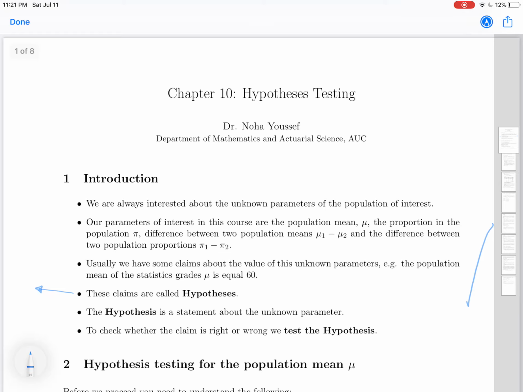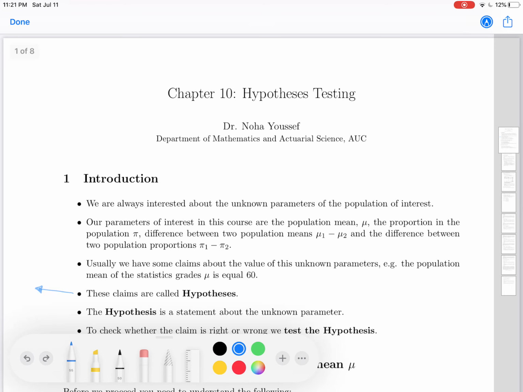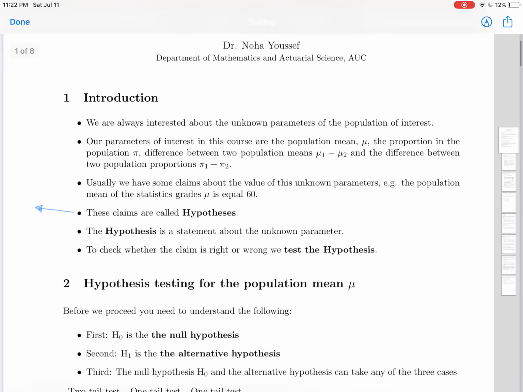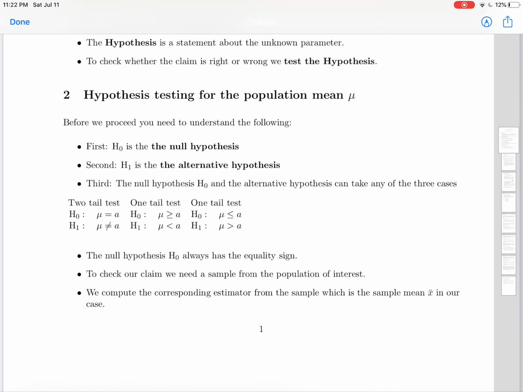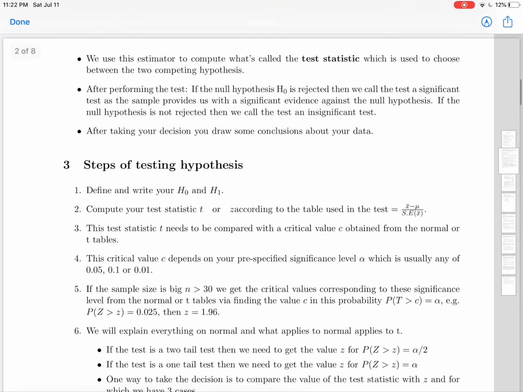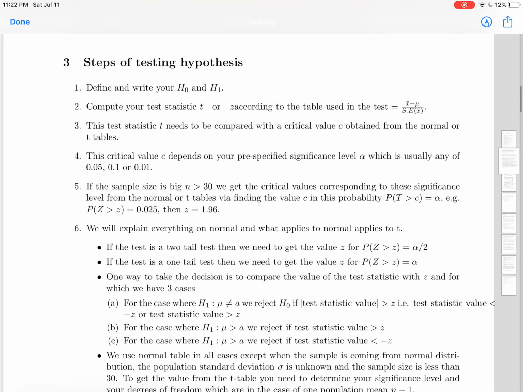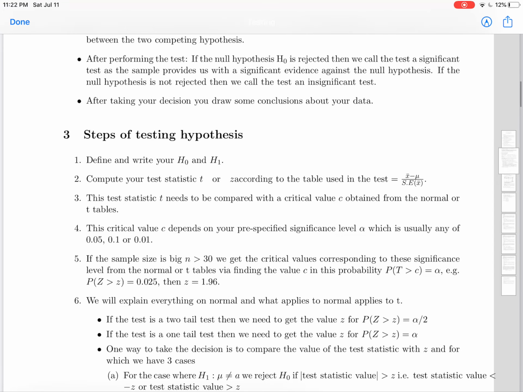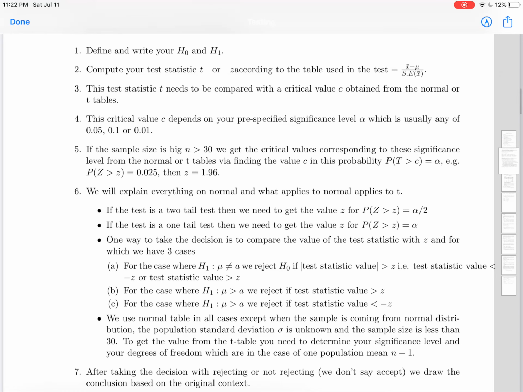Okay, so as I explained in my previous video, we were talking about hypothesis testing. As we said, we have something called hypotheses, and by hypotheses we mean claims. We're going to test whether these claims are correct or not correct.